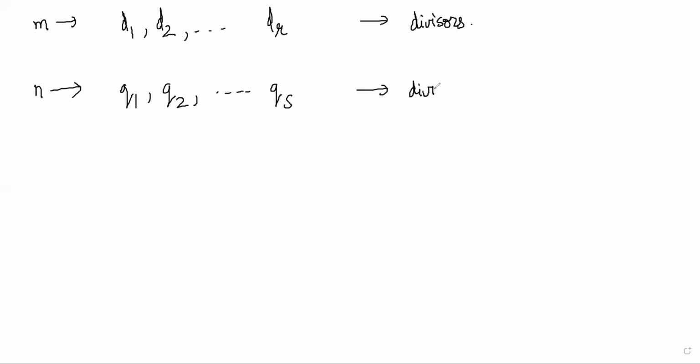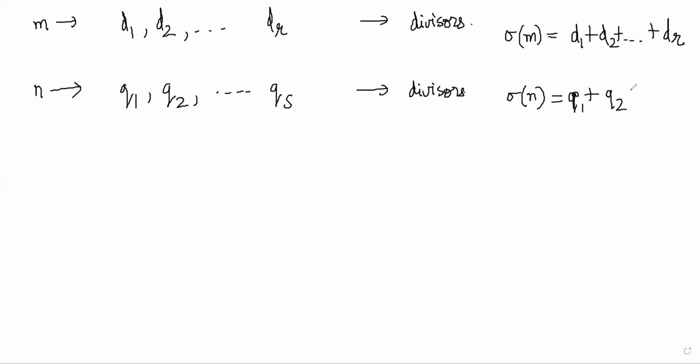So obviously I know sigma of m is equal to d1 plus d2 till dr, and sigma of n is equal to q1 plus q2 till qs.